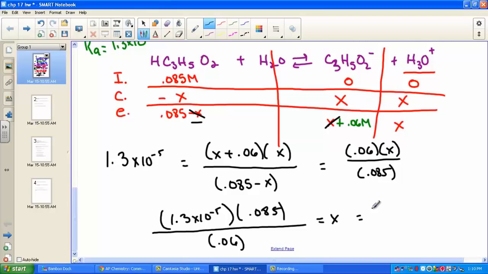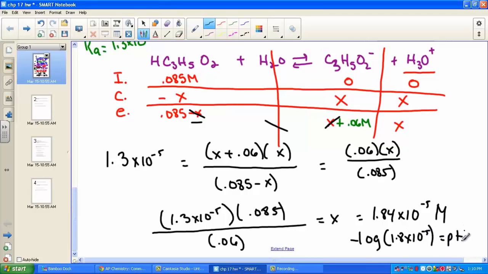I like calculator buddies. 1.3 times 10 to the negative fifth times 0.085, divided by 0.06. And we get an answer for X. X comes out to be 1.84 times 10 to the negative fifth molar. Negative log that value, and we'll have the pH of our solution.